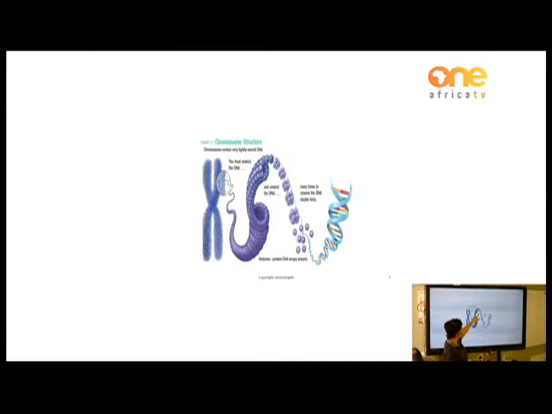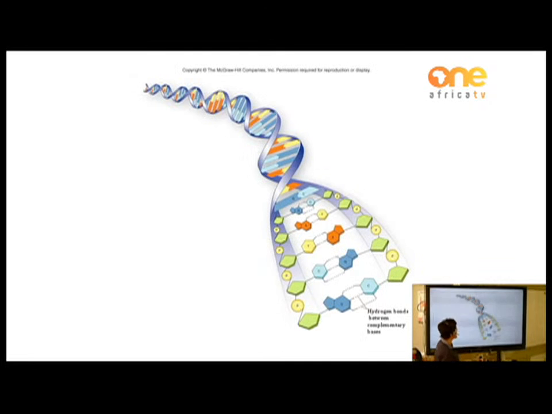And if I can get to the smallest piece of DNA, I see DNA is a double helix, and this double helix consists of a backbone with a pentose sugar and a phosphate group, which makes the backbone. But in between, I have 4 different types of nitrogenous bases: adenine, thymine, cytosine, and guanine.